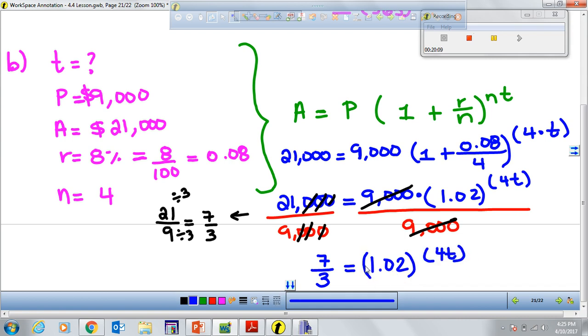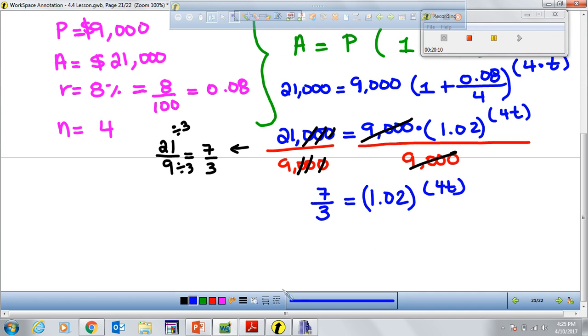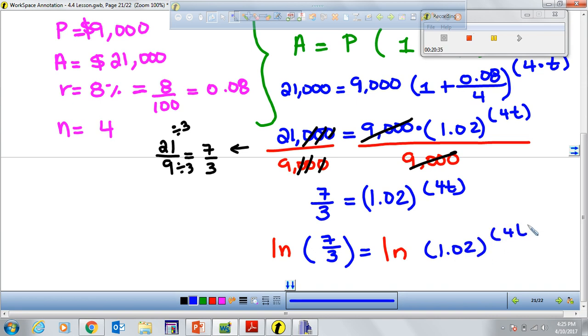See, I'm trying to clear the space to solve for t, but I needed to get rid of the 9,000 first. Now, the only way to make this 4t go to the front, not as an exponent but as a regular coefficient, is by putting the natural log of 7 over 3, and then the natural log of 1.02 raised to the 4t.